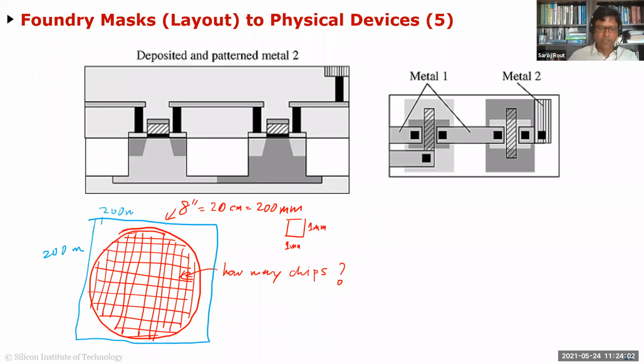How many 1 millimeters do I have on each side? 200. So 200 times 200 is 40,000, right? But obviously, in the corners there are no chips, and that's your pi factor. That's roughly about 75%, let's say. So this is roughly around 30,000, right?